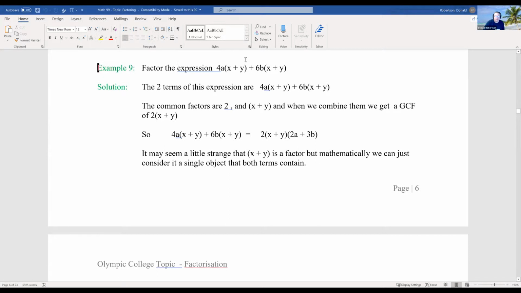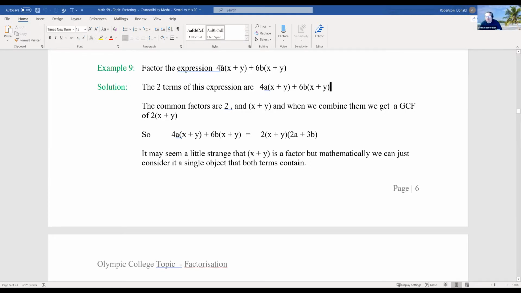Look at this one, example 9. 4 lots of a(x plus y) plus 6 lots of b(x plus y). The temptation in that question would be to distribute everything, then collect like terms and look for some kind of common factor. But actually that wouldn't work very well.